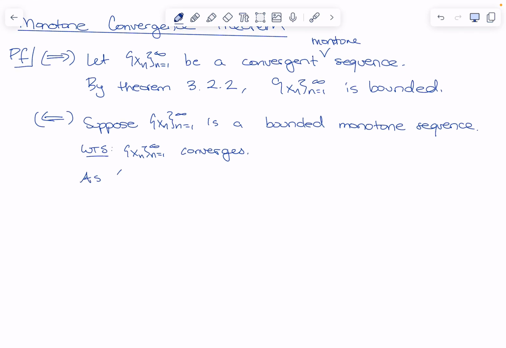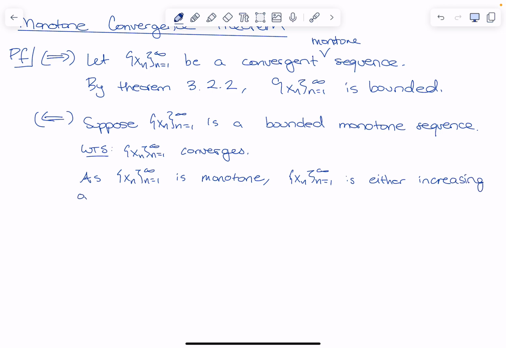So, as our sequence is monotone, what do we know? It either always increases or always decreases. So our sequence is either increasing or decreasing.